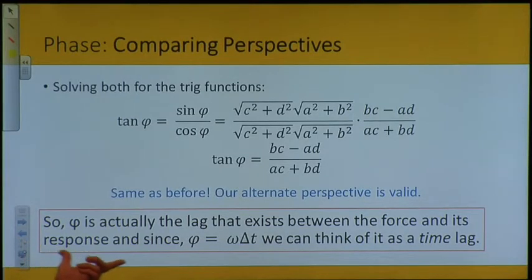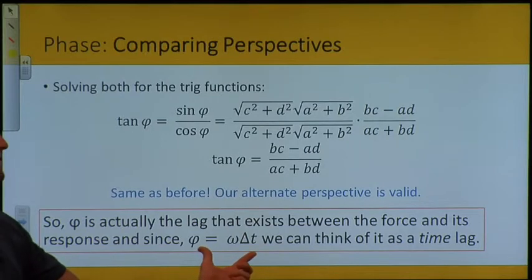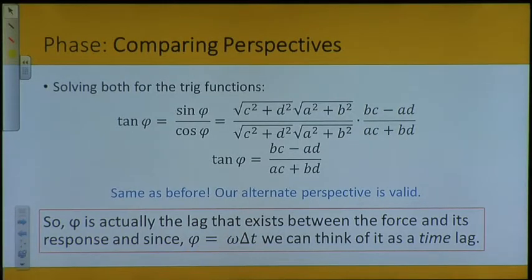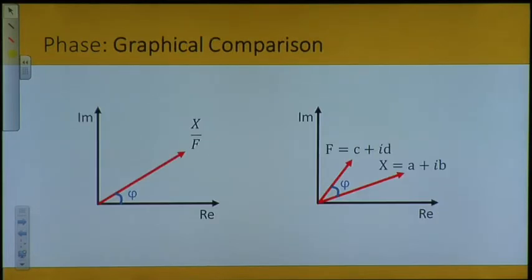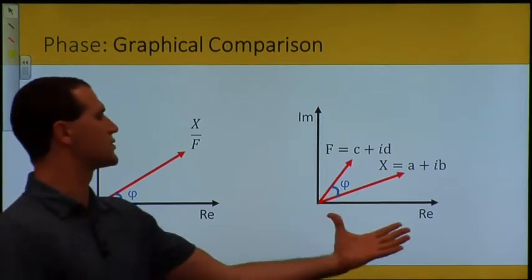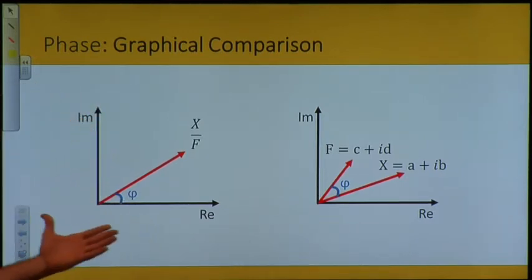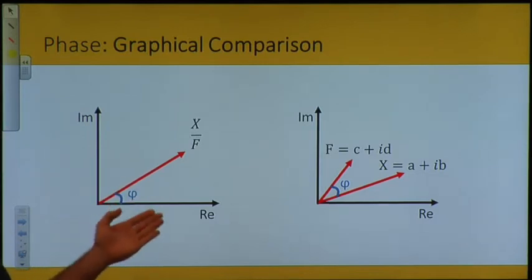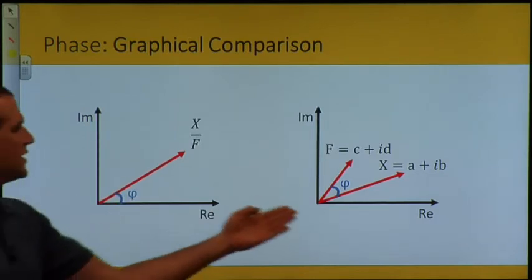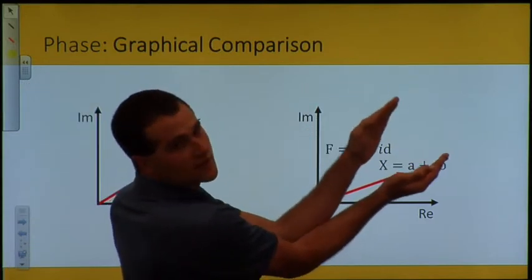So we actually often think of phi or phase as omega delta t. In other words, this is an angular lag, but we can also think of it as a time lag. So if I go to my last slide here, this is the graphical comparison. So originally, the common way we think of phase compared to the more conceptual way. You can see here, what phi really means is kind of vague, but here we can see it's simply the angle between these two vectors.